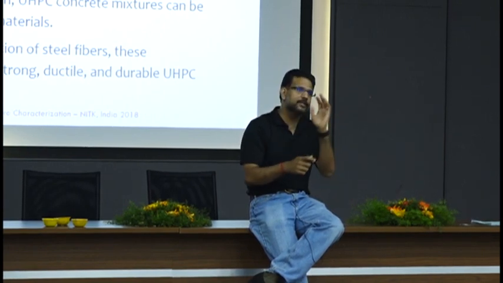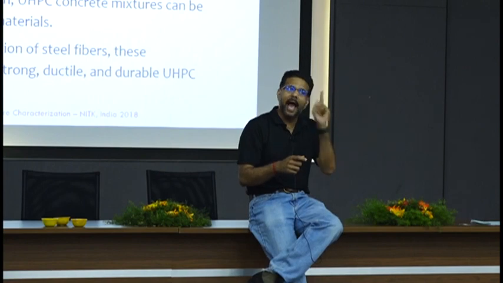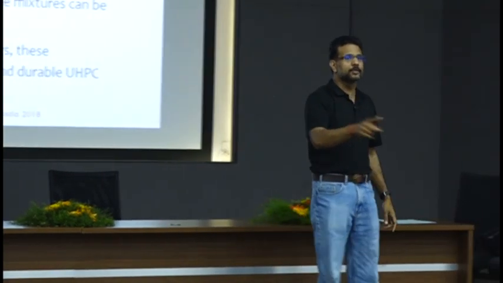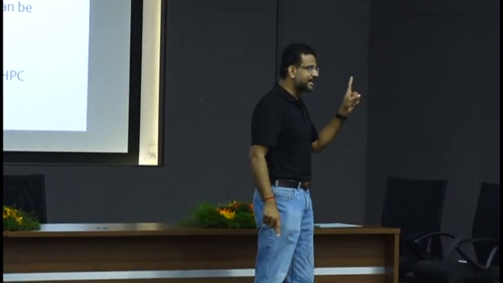anytime your OPC reacts, your calcium hydroxide is produced. And the important thing to note is, anytime calcium hydroxide is produced, fly ash is not eating them up. Silica fume is not eating them up. Calcium hydroxide precipitates when the saturation level of calcium in the solution rises. When that precipitation happens, then calcium hydroxide has to go back into solution to react with fly ash.